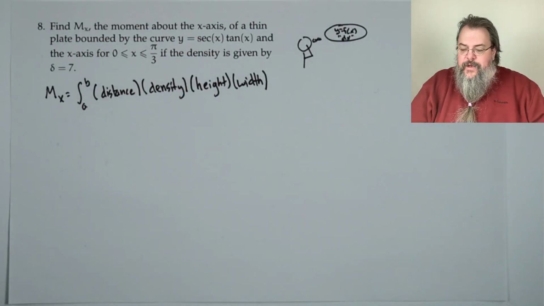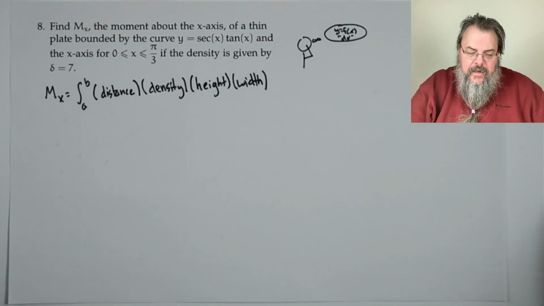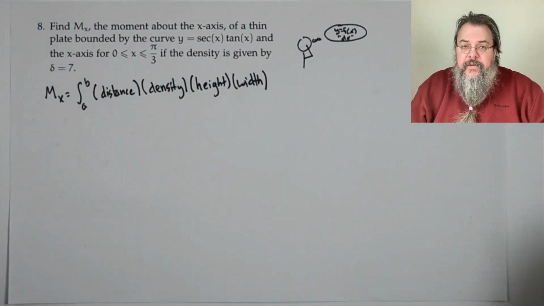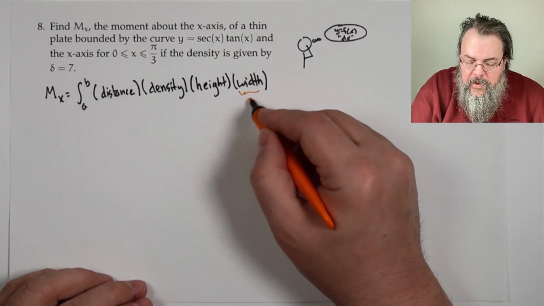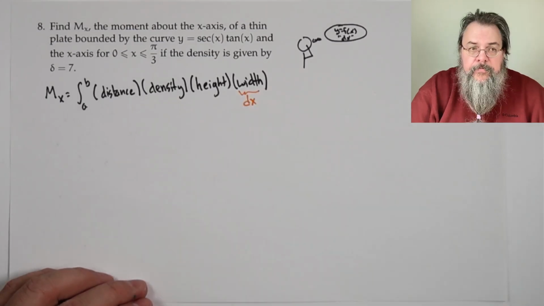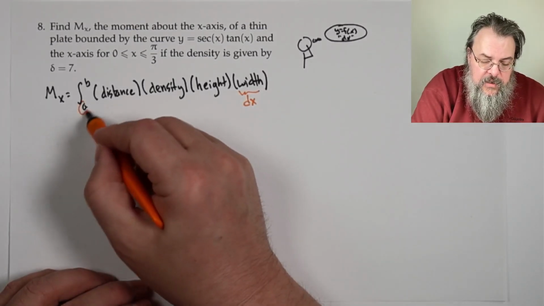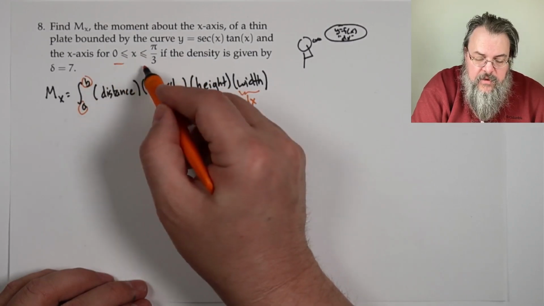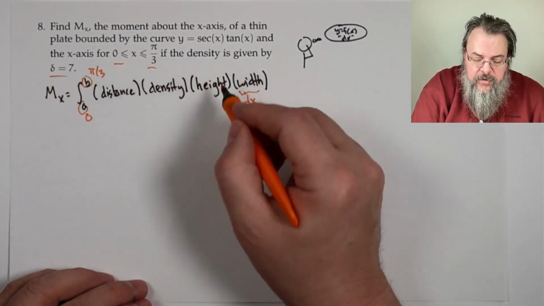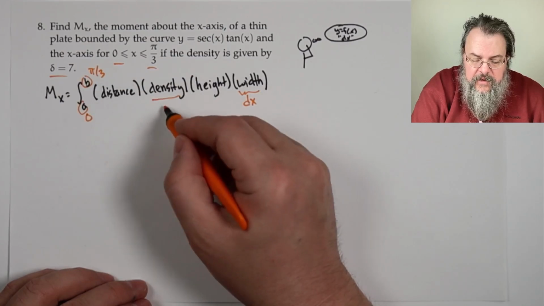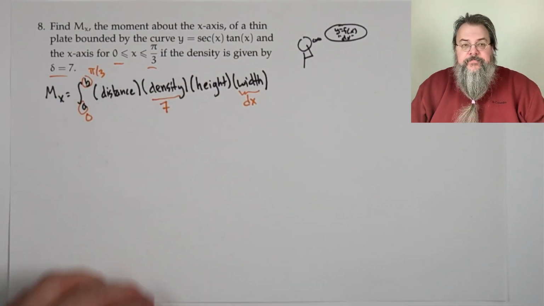So that tells us we're integrating with respect to x, and it helps solve a lot of the pieces really quickly. That gives us our width is dx. Our bounds are given to us, 0 and pi over 3. And our density is given to us. And okay, so that's 7.